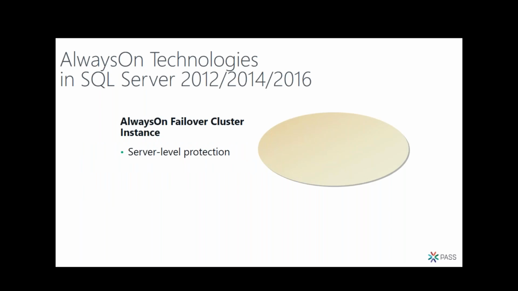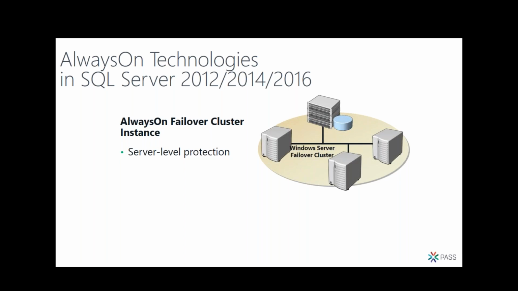So, when we talk about Always On technology, starting from SQL Server 2012 up to SQL Server 2016 and also 2017, we have two kinds of Always On. One is Always On failover cluster instance, which is implemented with one shared storage and two or more nodes. They will work as primary, one at a time.